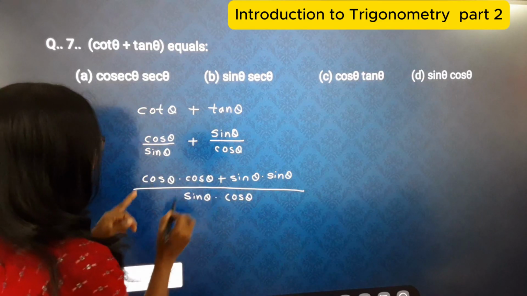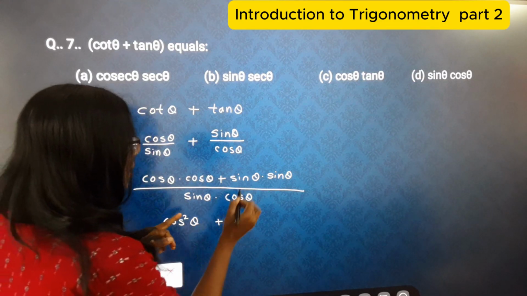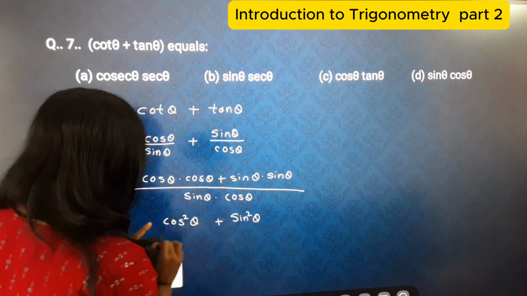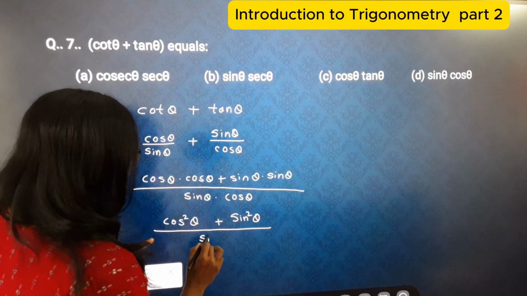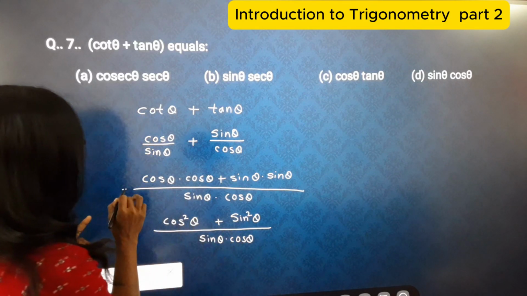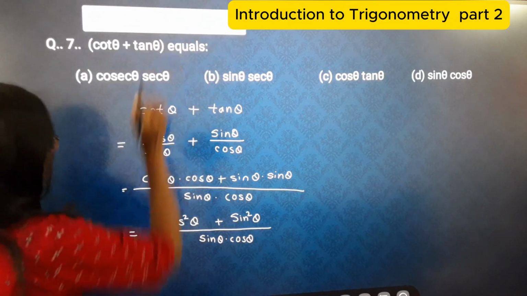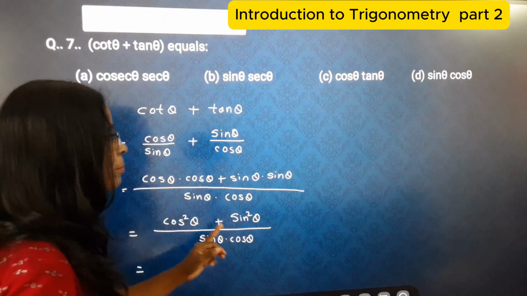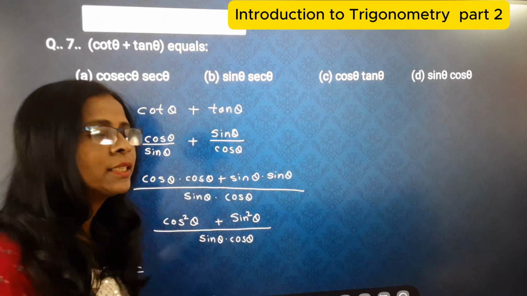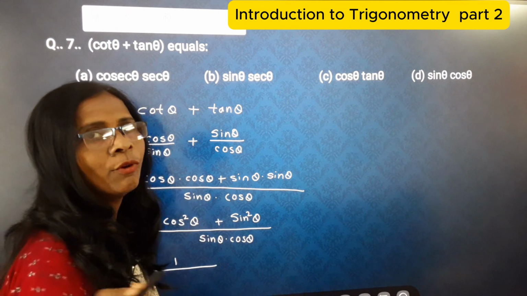Now cos theta multiply cos theta is cos square theta, plus sin theta multiply sin theta, that is sin square theta, divided by sin theta multiply cos theta. Okay students, now see that cos square theta plus sin square theta means sin square theta plus cos square theta, which is the first identity and is equal to 1.